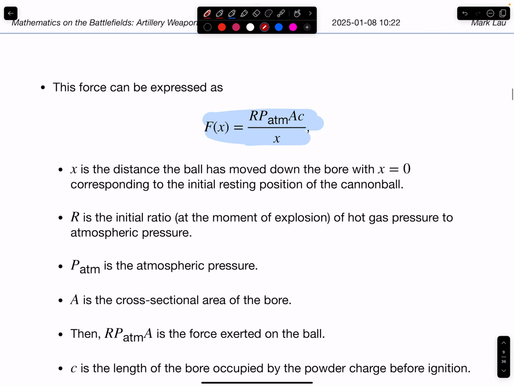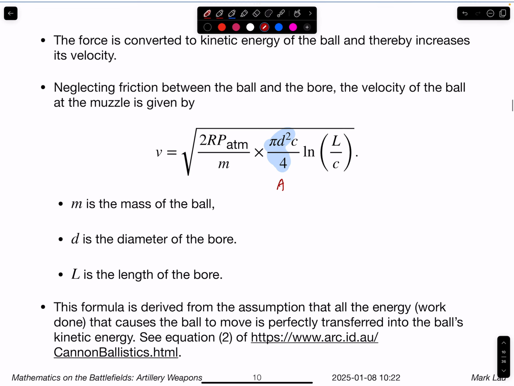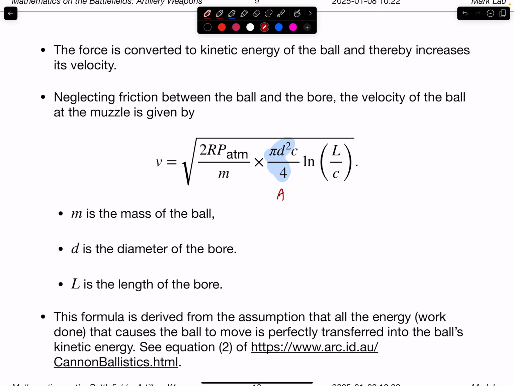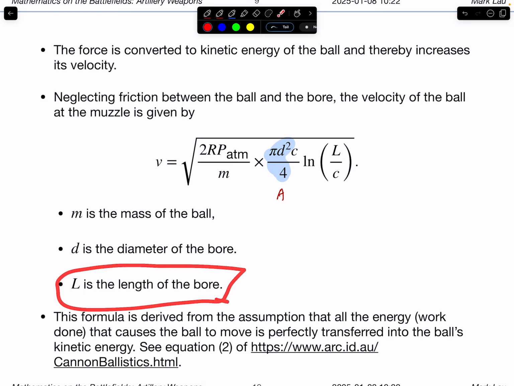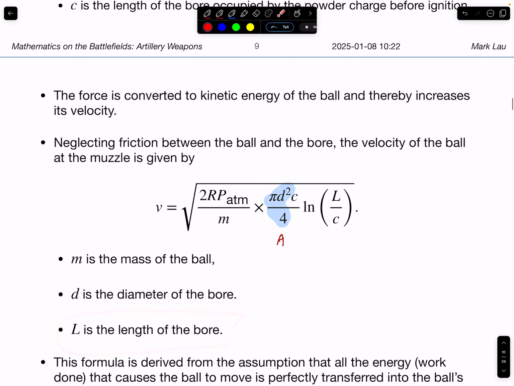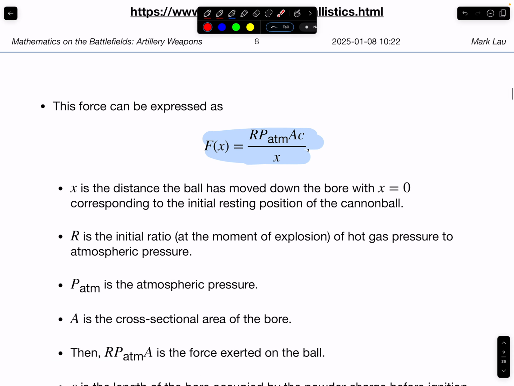I don't know how they introduce L in here. Length of the ball. Oh, okay. So basically the ball travels the length L, right? Okay, let me just try to derive this formula on my own. So the work done is the integral of F dx with respect to the distance traveled, right?